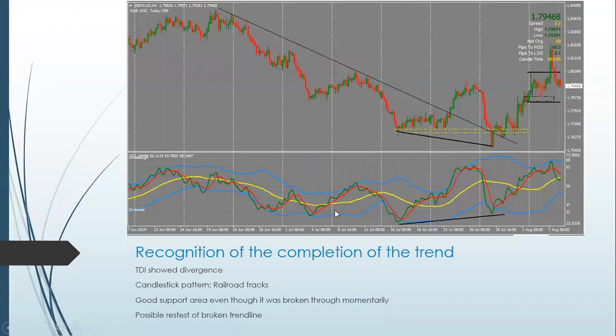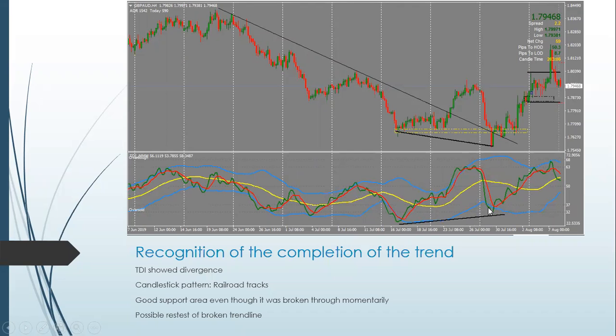In addition, one of the other reasons why I like the TDI, every time price breaches this blue band, which is the Bollinger Bands, it's almost like it's highly overextended. And once it's overextended, it must reset. You could go all the way back, you could test it out for yourself.